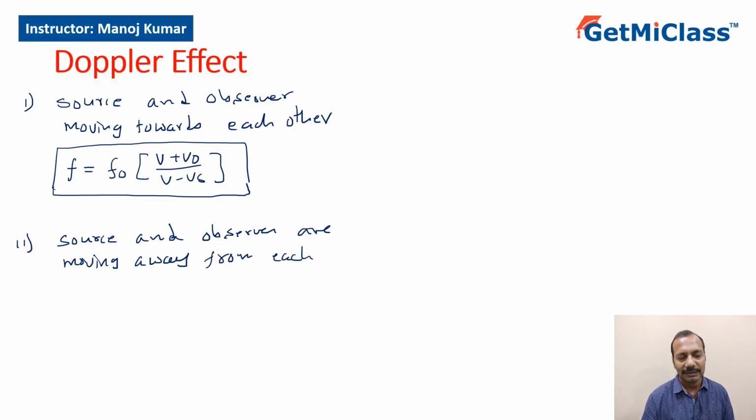Because the separation is increasing, the apparent frequency should be less than the actual frequency. So f equals f naught into v minus vo, due to the motion of the observer it is decreasing, by v plus vs. Due to the motion of the source also it is decreasing.